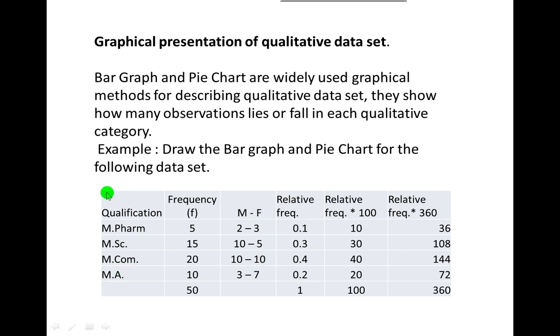So in bar graph we will use only frequency. We will represent each category by a bar. We will plot the frequency on the y-axis and categories on the x-axis.